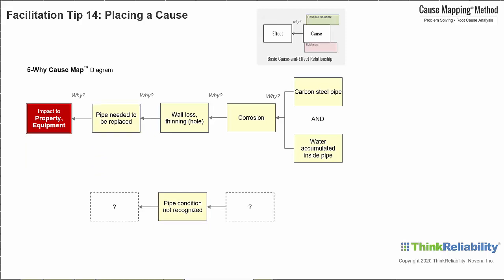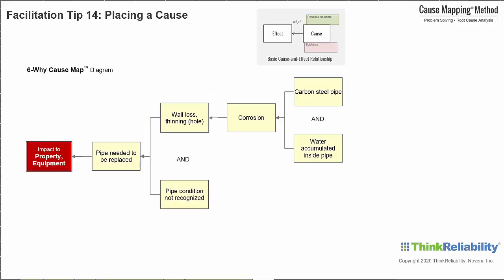If I took away the pipe condition not being realized, that means we did realize it, right? So that's the opposite condition. You're essentially doing the same thing with this specific example. It becomes obvious that if I were to take that condition away, so if I would have realized the condition of the pipe, hopefully we would have been able to mitigate the entire replacement of that pipe.